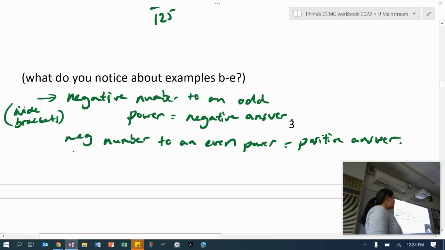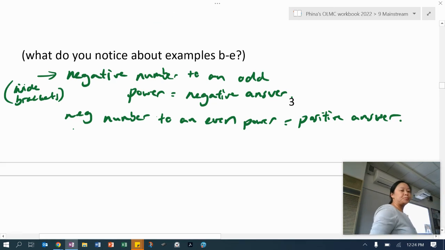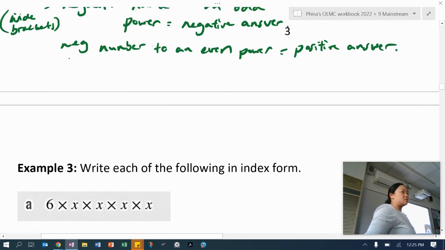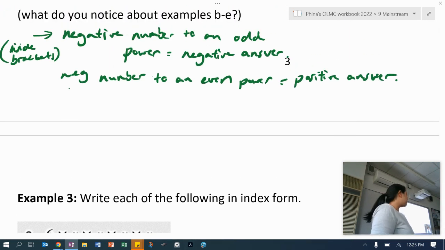Okay. Yeah. But if you don't remember, it doesn't matter. But it just might be a quick, good trick for you. Like the first one's inside bracket, the whole thing.